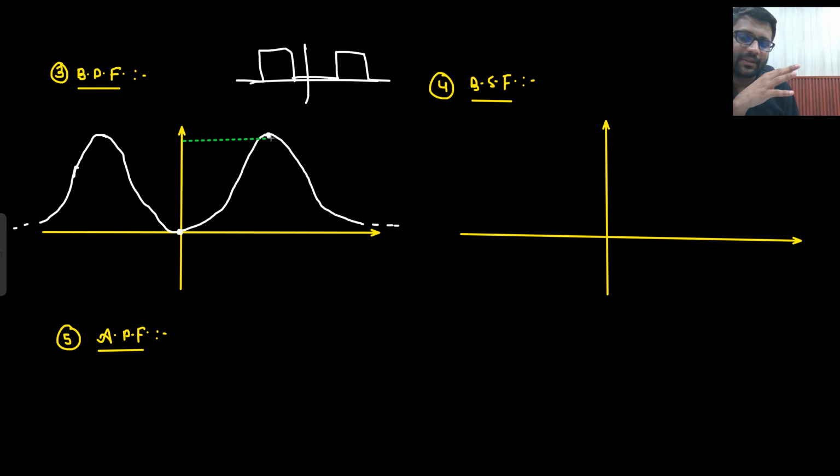Let's say I am calling the maximum gain 1. This is known as the center frequency.